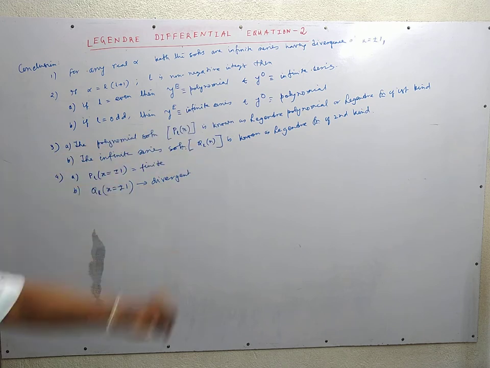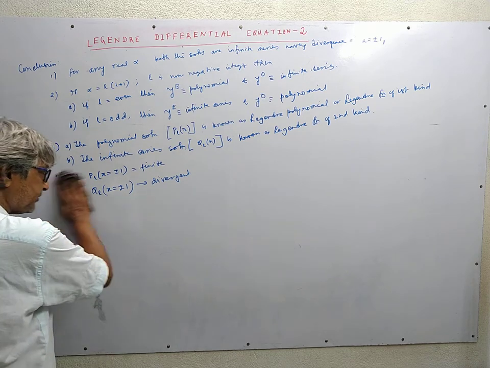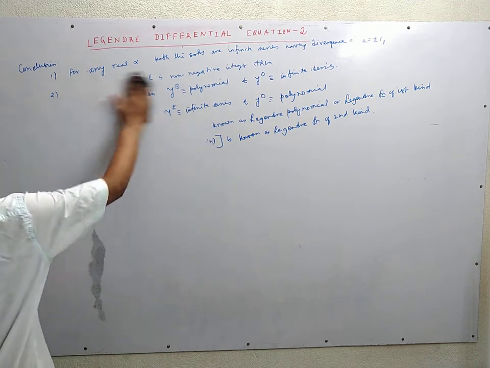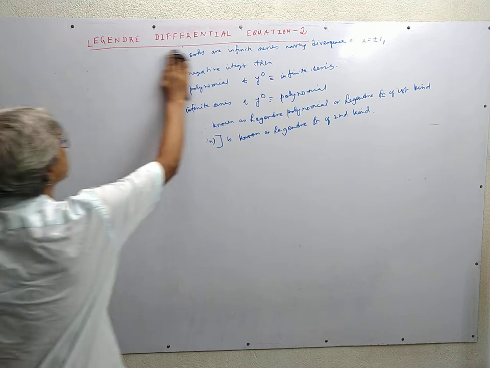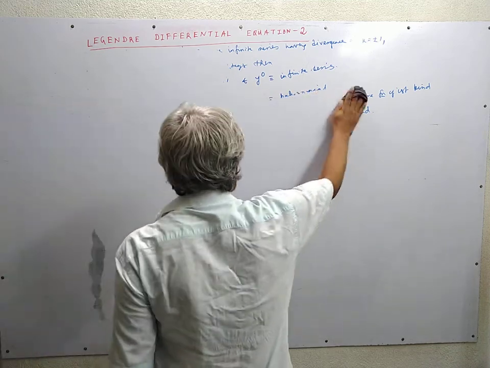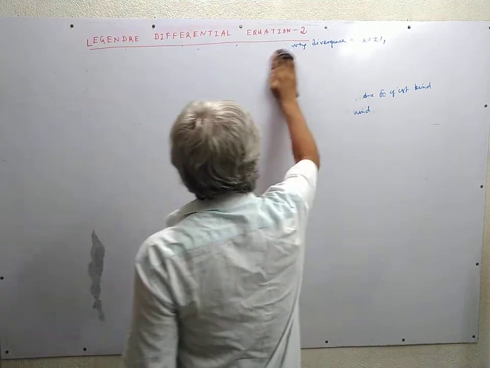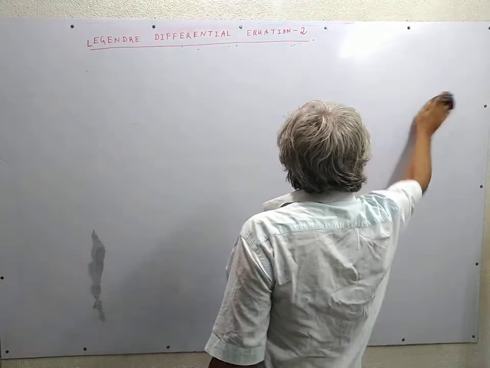Now, with this knowledge, we now go to an expression for the Legendre polynomial. In this, we shall use the recurrence relation to derive an expression for the polynomial series, or the Legendre function of first kind.